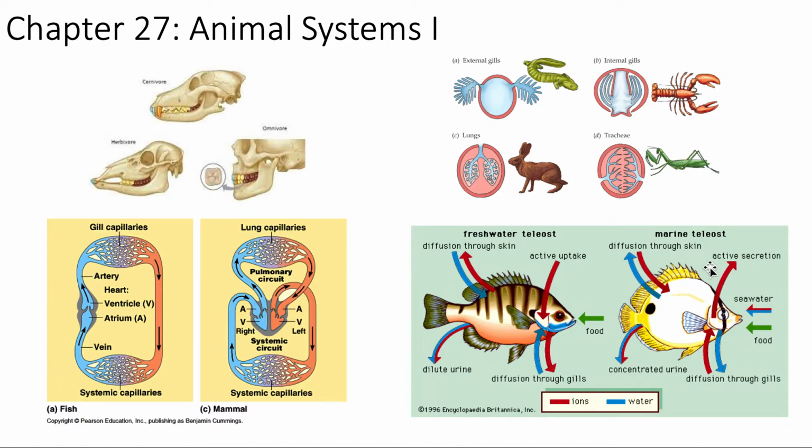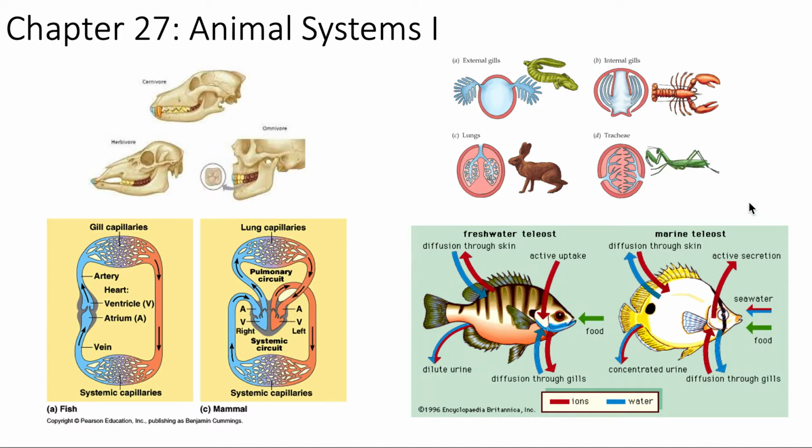But what happens in this process is you get waste, mainly ammonia, which is toxic. So how does your body get rid of ammonia? In humans, we urinate. In our urine is what is called urea, which is where we take ammonia and change it into urea, which is less toxic, and then we can get rid of it.